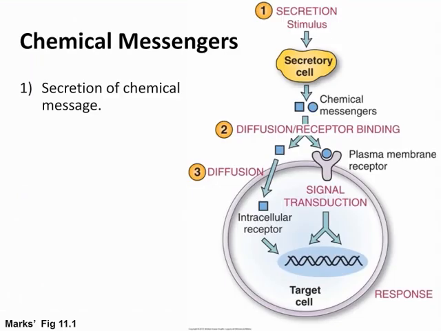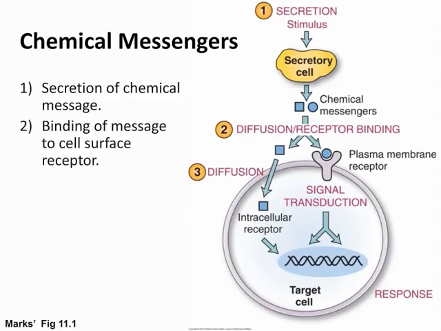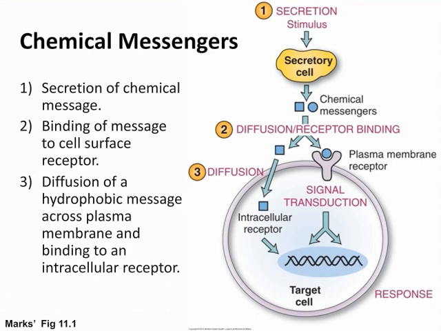So you should be able to tell me how chemical messengers work. There's 3 key steps. So the first is the secretion of a chemical message. So just take a look at the picture. You have a secretion of a stimulus to the cell, and then step 2 is the binding of a message to the cell surface receptor. So you see those chemical messengers binding to either a plasma membrane receptor or going through diffusion.